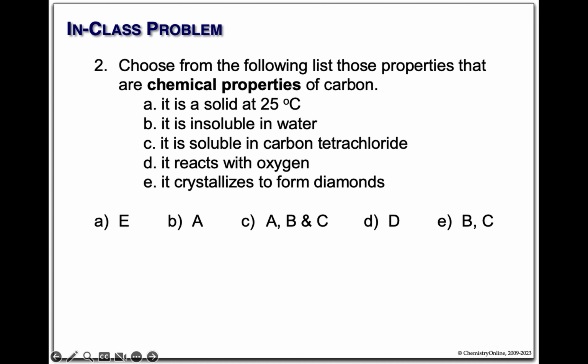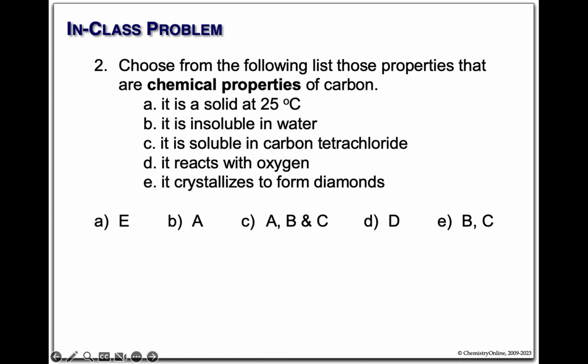Which of these are chemical properties of carbon? It's a solid. It's insoluble in water. Dissolves in carbon tetrachloride. Reacts with oxygen. Crystallizes to give diamonds. Well, we're looking for chemical properties, right?